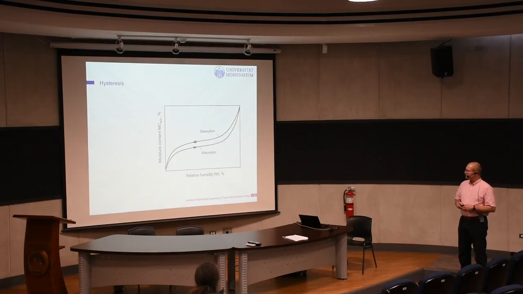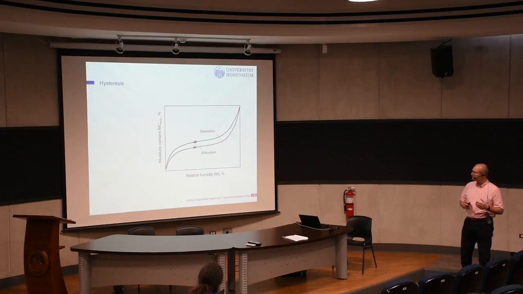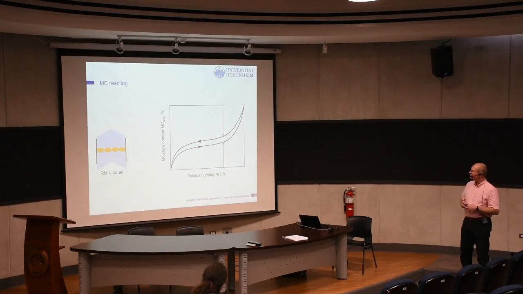Okay, and now to make it a bit more complicated, there is a small difference between desorption and adsorption. So we distinguish between desorption isotherms and adsorption isotherms, and we see it here. Again, we have an open system, where we are pushing air through. We have our desorption isotherm and our adsorption isotherm. So if we have a wet product, it goes down until meeting the desorption isotherm.